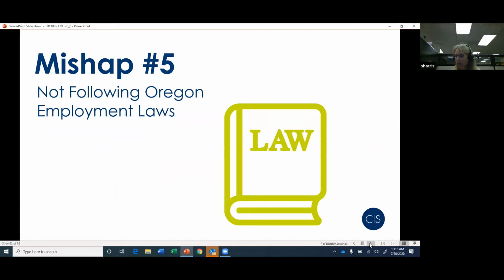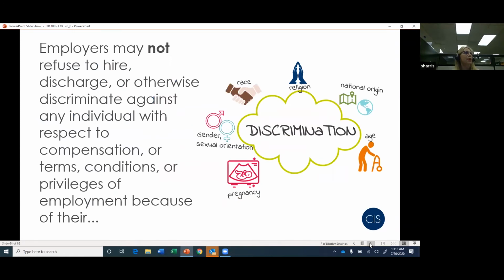Employment laws, Oregon employment laws. There we go. So, discrimination. We know that at the Oregon and the federal level, there are various categories of discrimination or protected classes, all right? So we have protected classes for race, religion, national origin, pregnancy, discrimination against sexual orientation, family unit, filing a workers' comp claim.